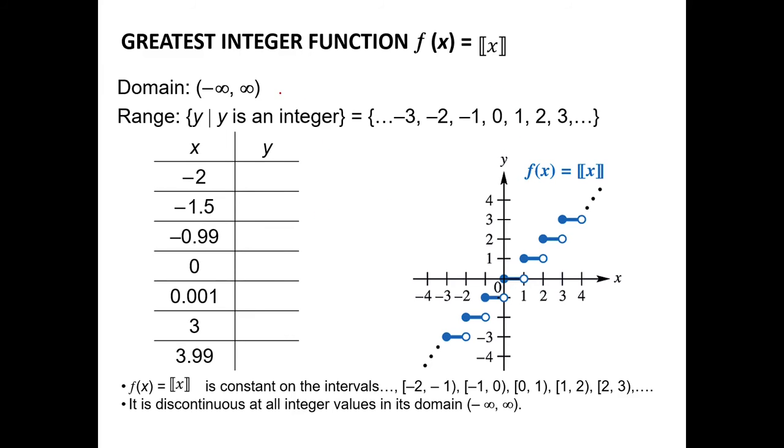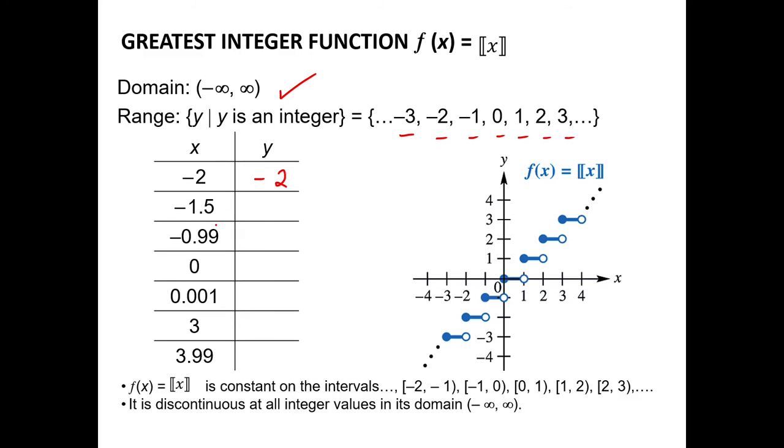Its domain is defined from negative infinity to infinity, and its range is just integers -3, -2, -1, 0, 1, 2, 3, and so on in either direction. So let's plug in values and see what this function actually looks like. If I plug in -2, the greatest integer that's equal to this, well, that's -2.